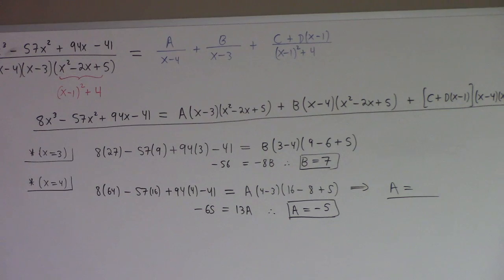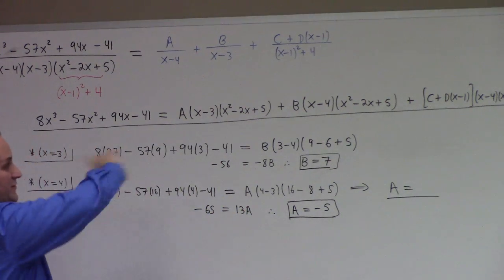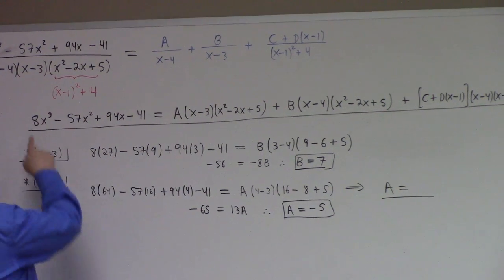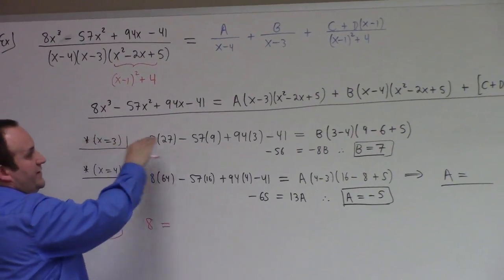So the easiest thing to do, I think at this point, you can just plug in values if you want. I don't recommend that. Or what's perhaps easier is to equate coefficients of like terms. So I can collect, for example, all of the terms here with an x cubed. What are those going to be? 8 equals what? So there's an 8 here. Where are the x cubed terms here?